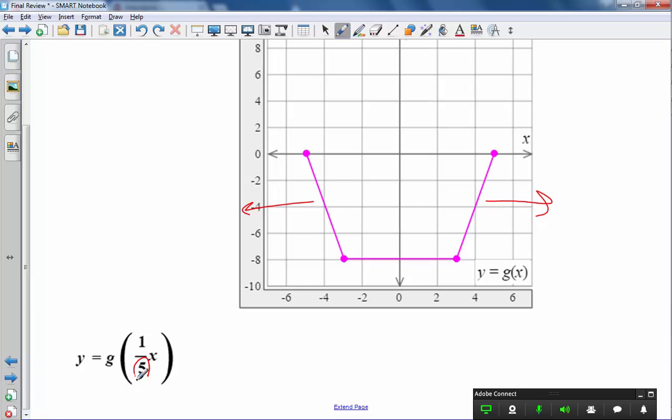A scale of 5. As I said, this used to be 2, now it has to be 10, so it's 5 times bigger. Okay? So stretch this 5 times to the right and left. Can you visualize?